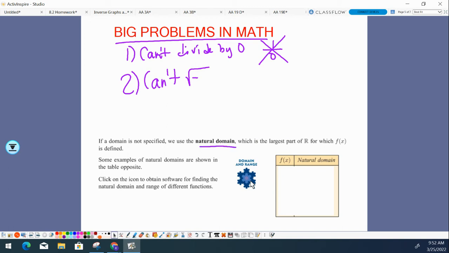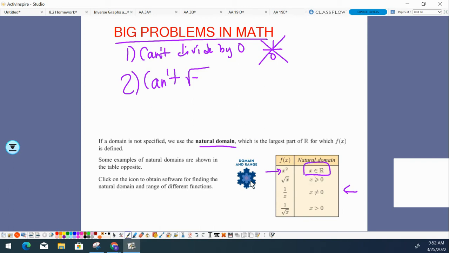All right. So if we look at this chart here, if we start with x squared, I would include this chart under your big problems because it kind of helps a little bit. If it's a regular equation with no problems, we can just say x belongs to the real numbers.